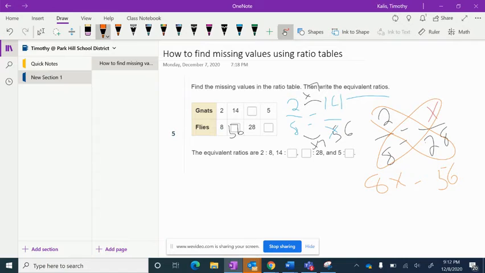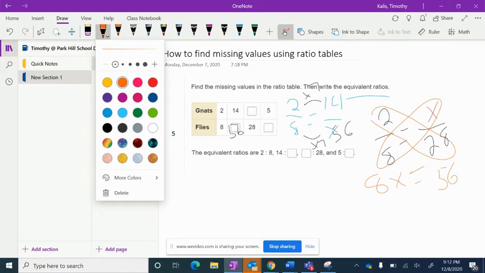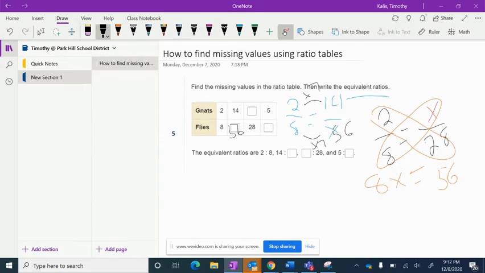Now, this is saying that 8 times something equals 56. Well, we need to figure out what x is, not 8x. So we divide both sides by 8. And 56 divided by 8 equals 7. So x equals 7. So our next box is 7.